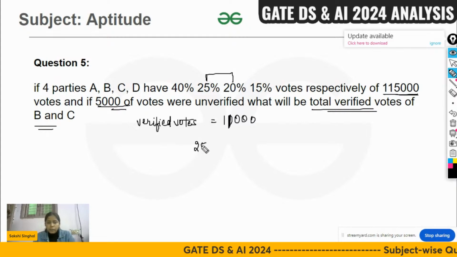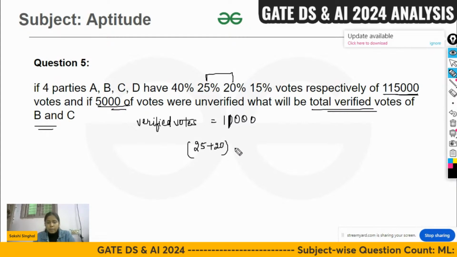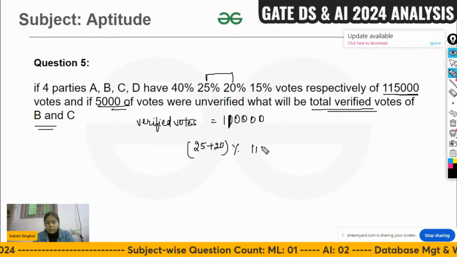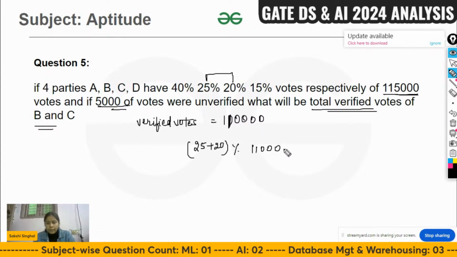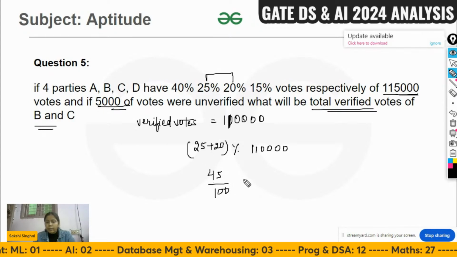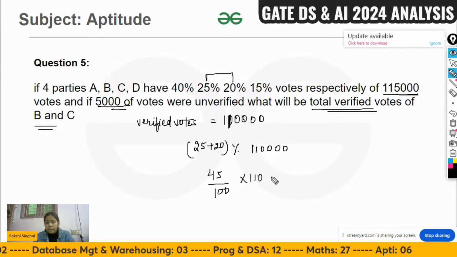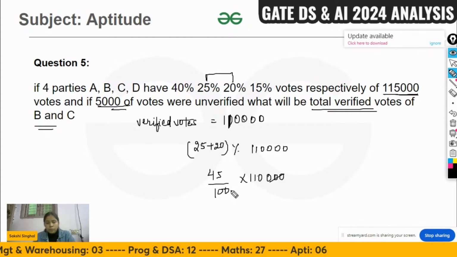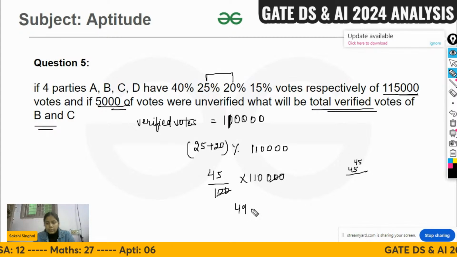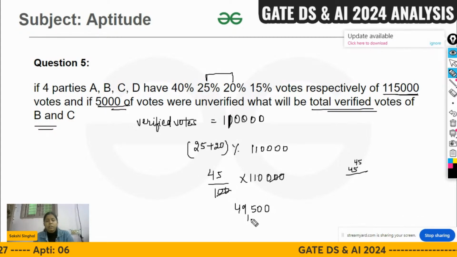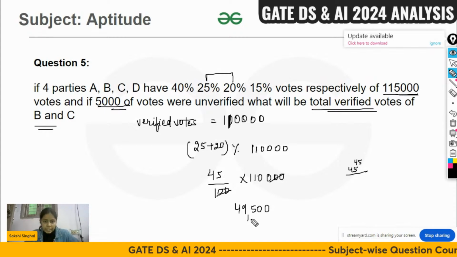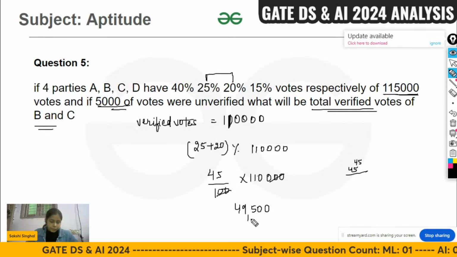Let's add 25 plus 20% of 1,10,000. If I solve this, I'll get 45 by 100 into 1,10,000. Two zeros are cancelled. So if I multiply 45, I'll get 49,500. So 49,500 votes would be given by B and C, which are verified.